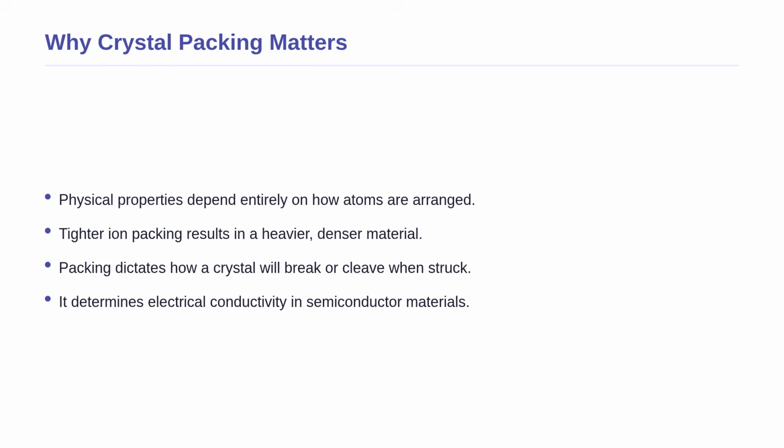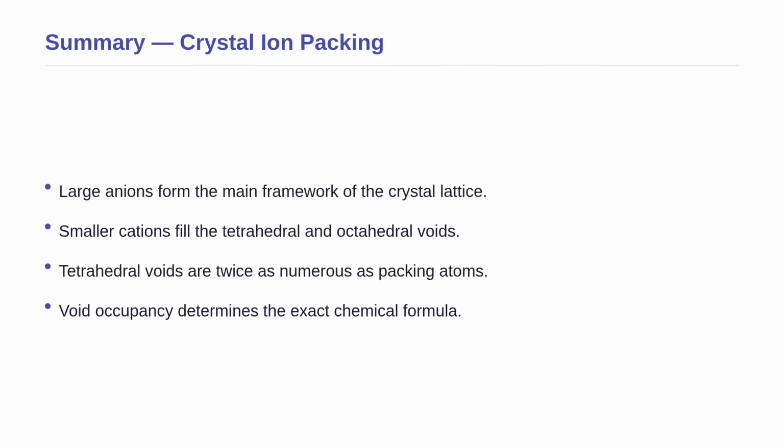Furthermore, the specific packing dictates how a crystal will break or cleave when struck. In modern technology, it even determines how well semiconductor materials conduct electricity, making this the foundation of designing computer chips and solar panels.